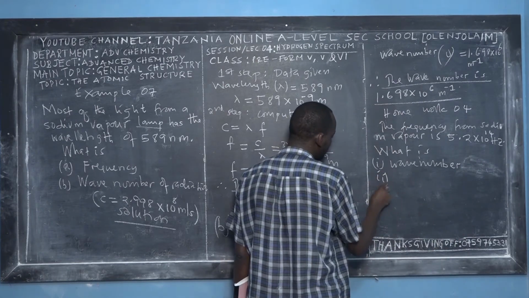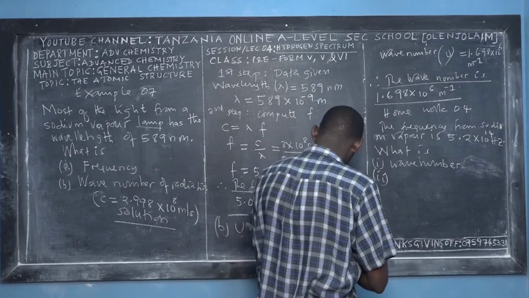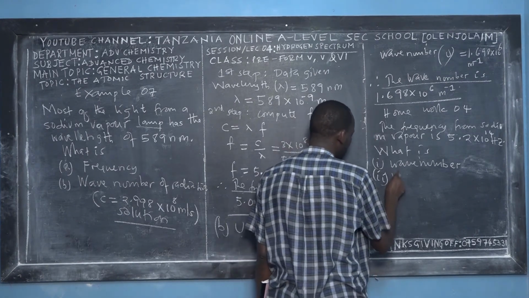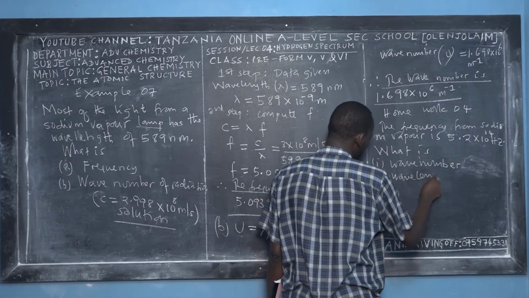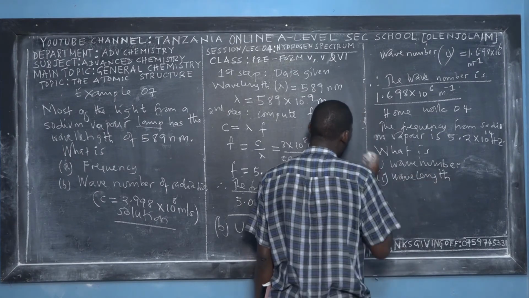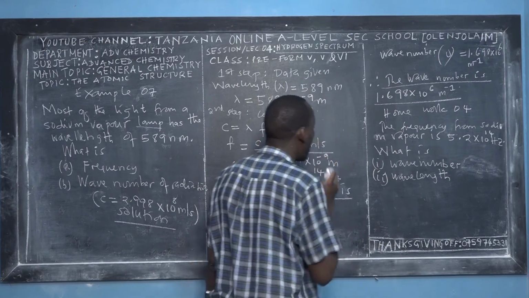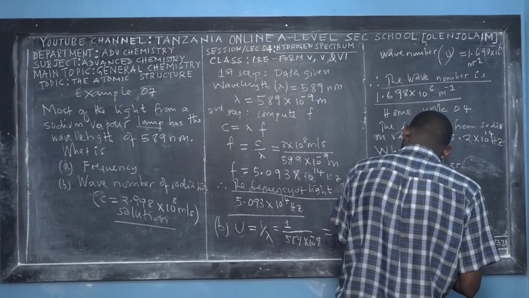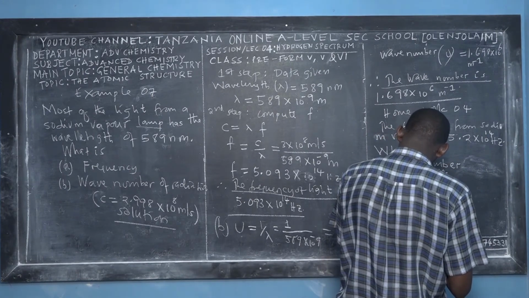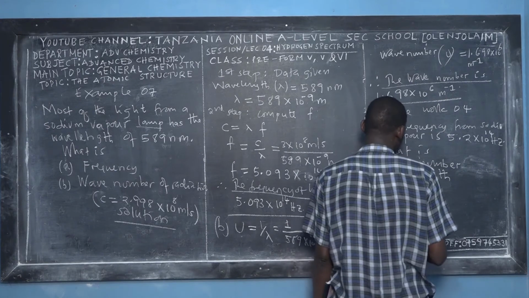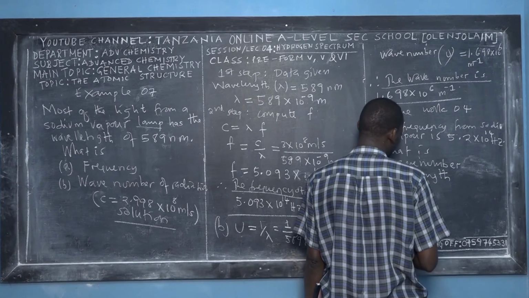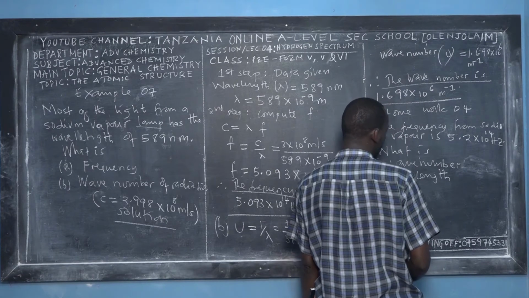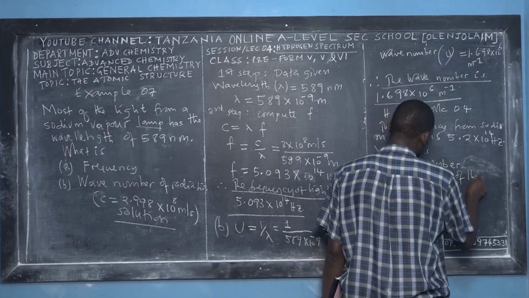Then find the wavelength of the light. And how does the wavelength relate to the frequency? Find the wavelength of the light.